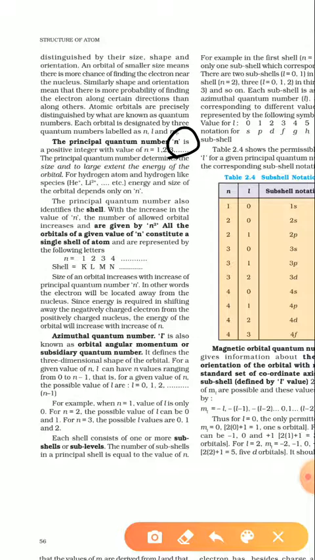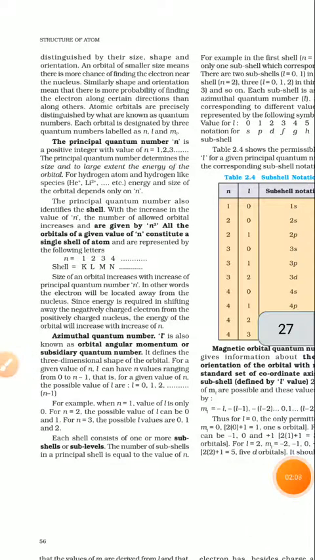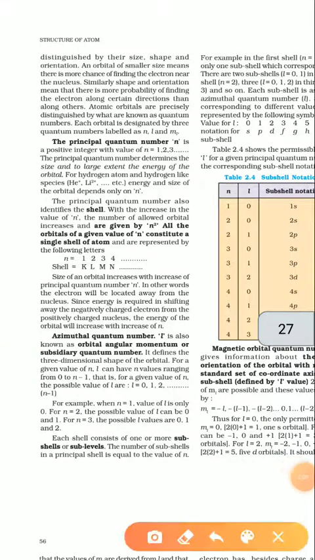This principal quantum number n represents the shell of the particular orbital, and it represents the size and the energy of a shell.